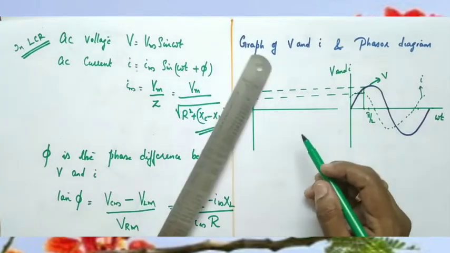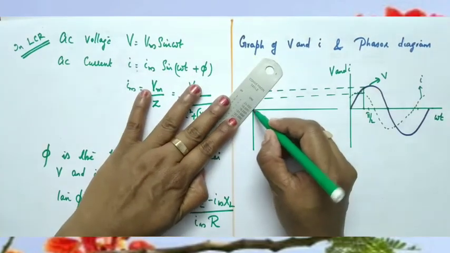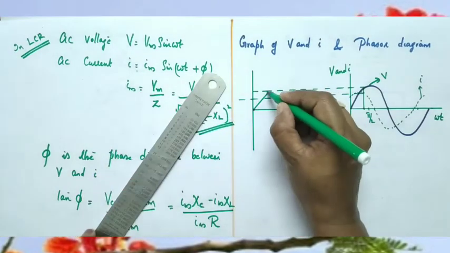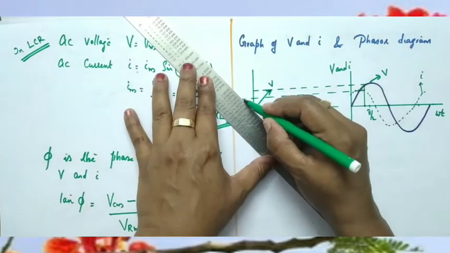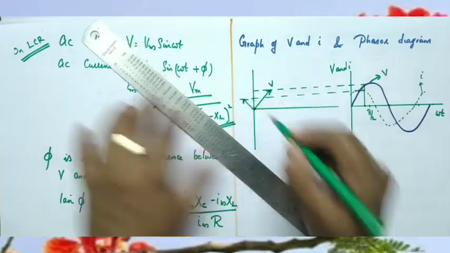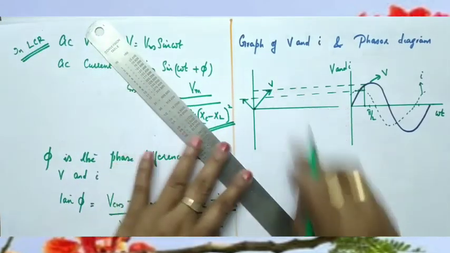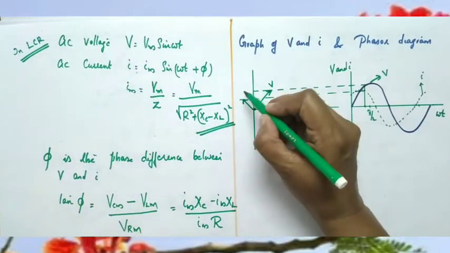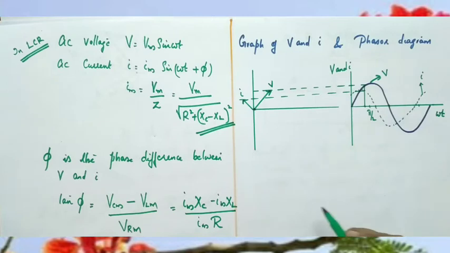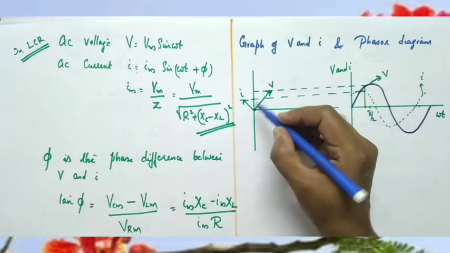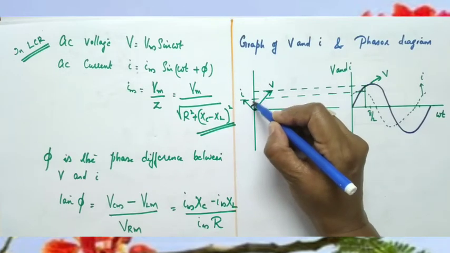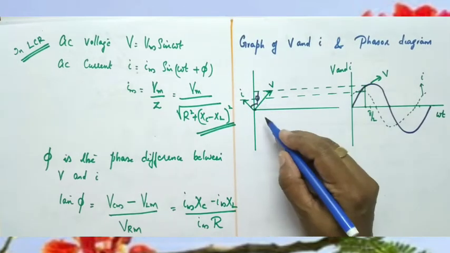So this vector from the origin represents the voltage phasor, and this represents the current phasor. From the phasor itself it is clear that current leads voltage by an angle phi. It is not pi by 2, here current leads by an angle phi.